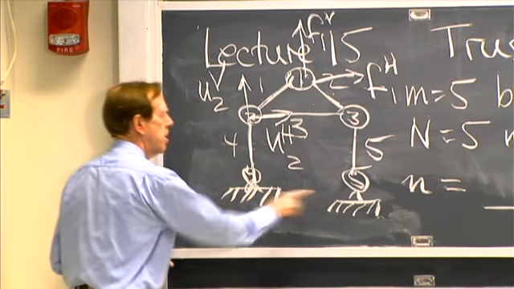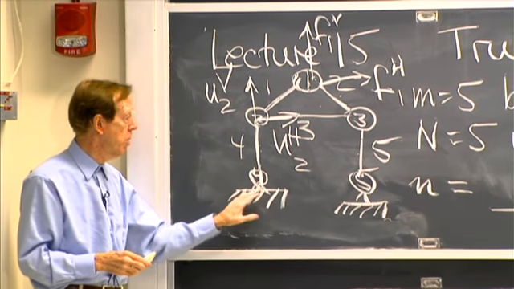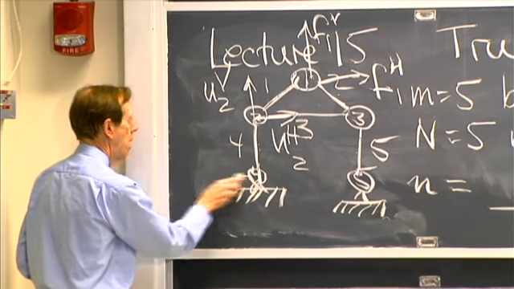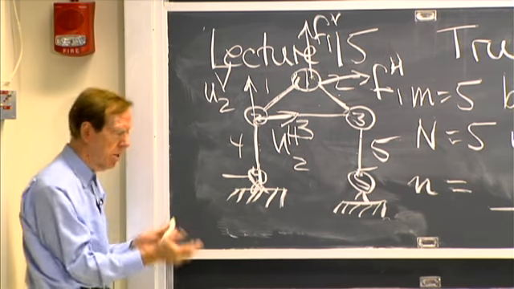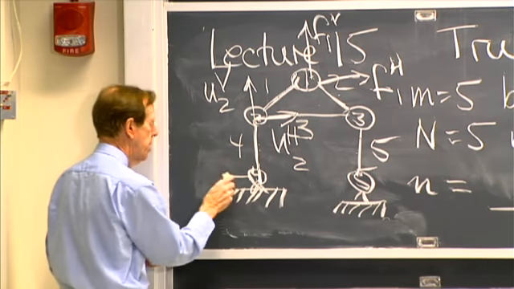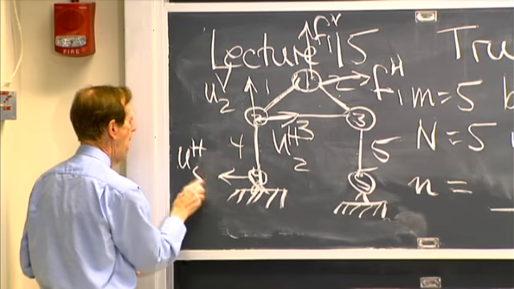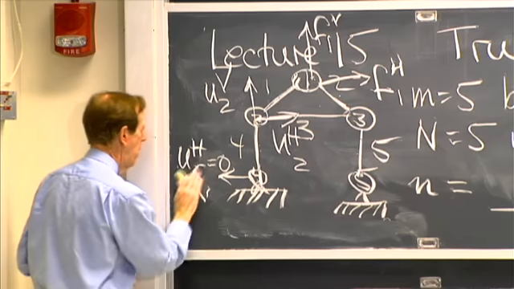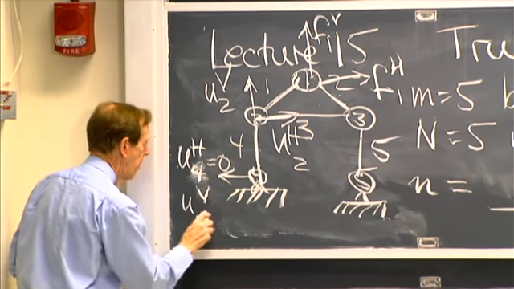I've marked supports here. So let's speak about supports. What's happening at the supports? At the support, there's no movement. That point is pinned. So this is telling me that u horizontal 4 is 0 and u vertical 4 is 0, and it'll be the same for 5: u horizontal 5 is 0 and u vertical 5 is 0.